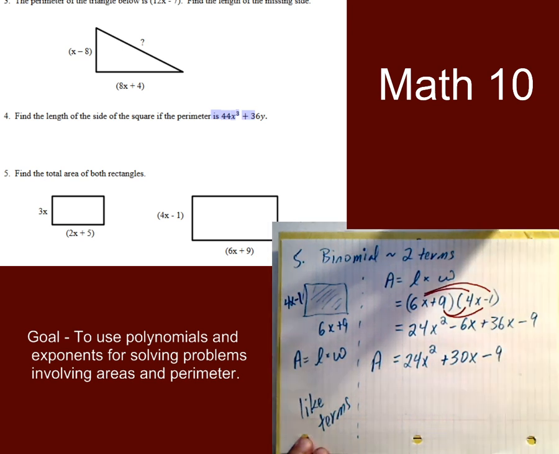So what we've now done is from our picture, we were able to calculate using a length with an expression, a width with an expression, calculate what the area is, calculate a polynomial, and simplify it with like terms to get this answer here at the end, which is the one that we're going for.